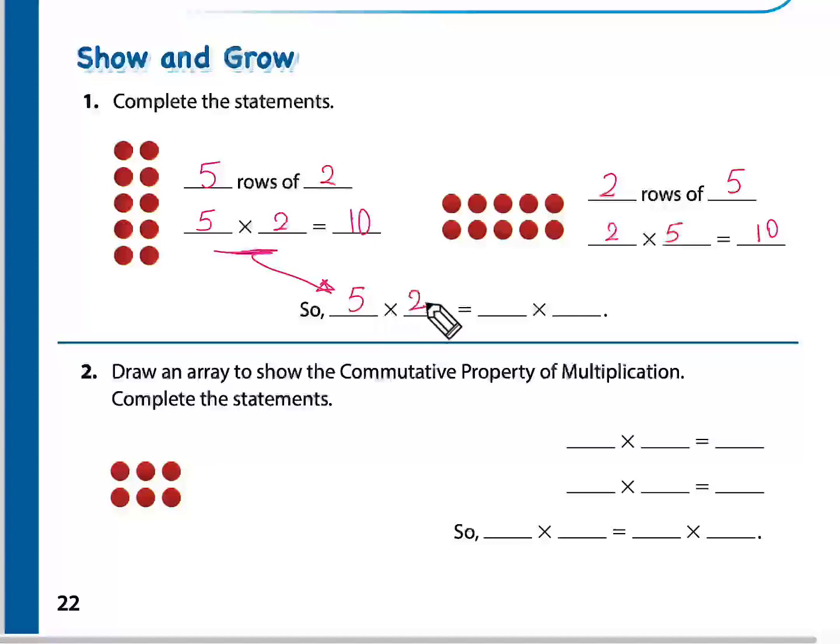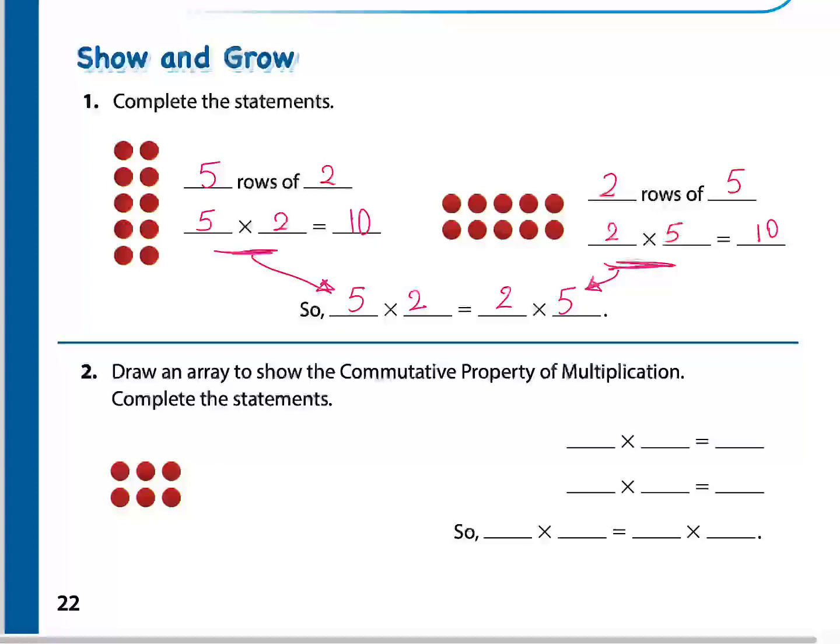Five multiplied by 2 equals 2 multiplied by, excellent. So here, if we change the order of the numbers 5 and 2, the factors, we call them factors. If we change the order of the factors, we have the same product. We do not change the product.